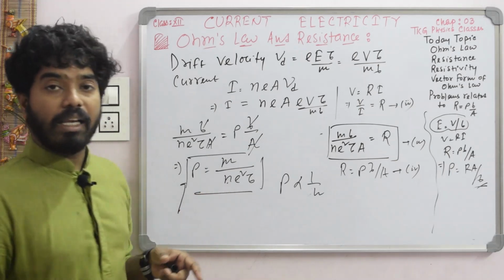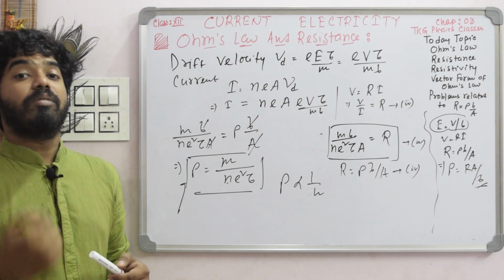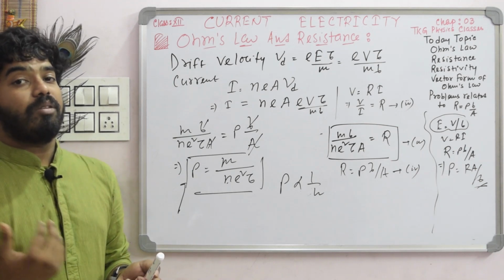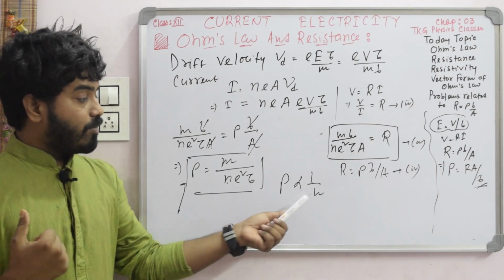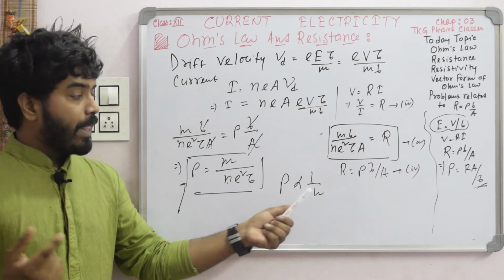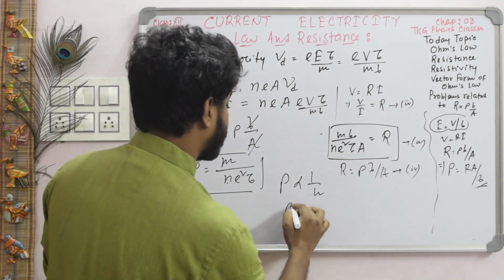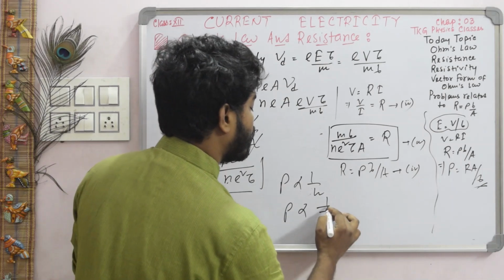What is n? n represents the number of electrons per unit volume. We already derived this; go back to your previous lecture and watch it. And rho is again inversely proportional to 1 by tau. What is tau?